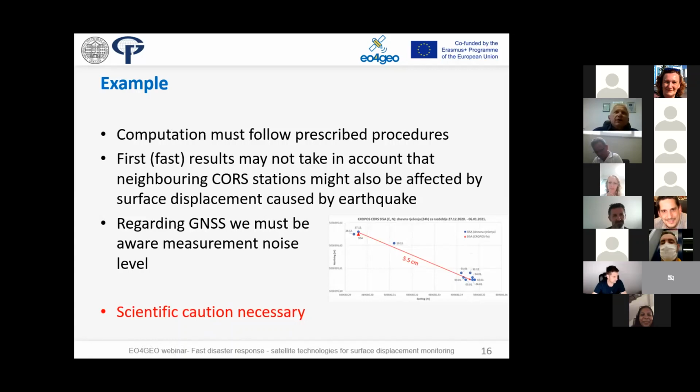So we cannot interpret anything what is on the level of measurement noise or near to the measurement noise and make positive conclusions from such results. We have to have clear signals. And for example, in this case, we have really a clear signal.